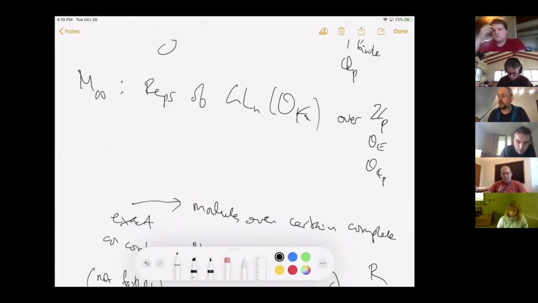Well, the simple objects in that category will be the irreducible representations of GL_N of the finite field over, say, F_p bar. So let me be in this case of coefficients, so that F_p bar is the residue field.